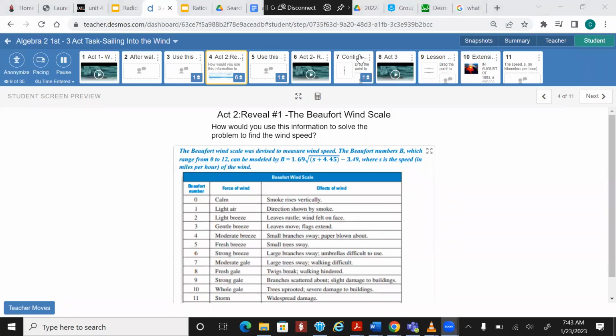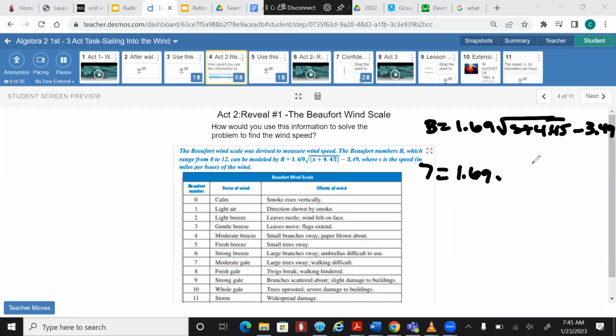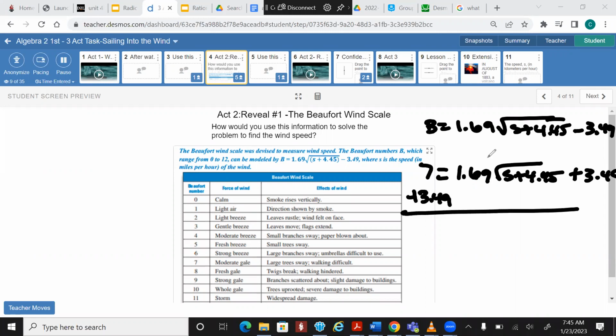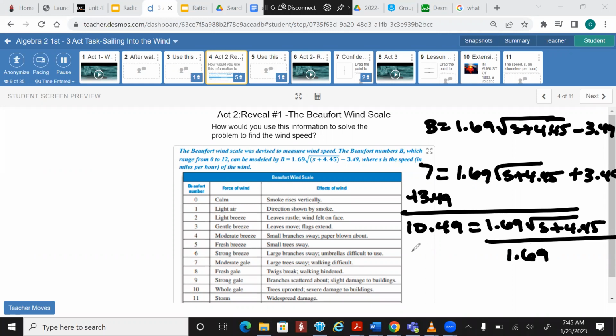And then we're going to use this equation to find S. All right, let's talk. So if you set this equal to 7, watch what happens. You're going to add 3.49 to both sides. And so that's going to give me 10.49 equals 1.69 square root of S plus 4.45. We're going to divide by 1.69 on both sides.